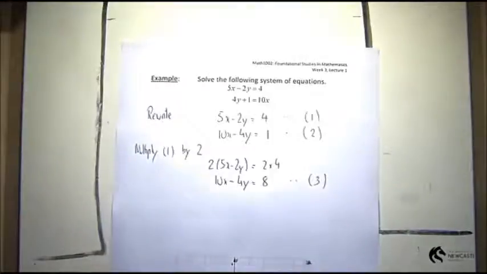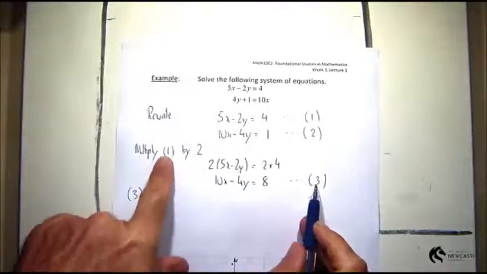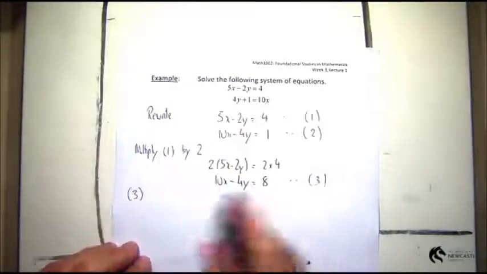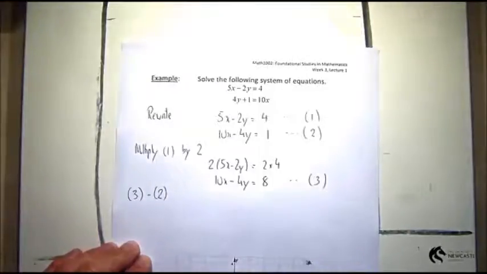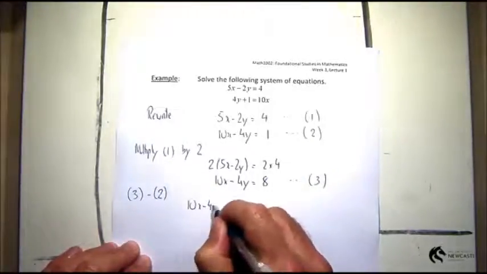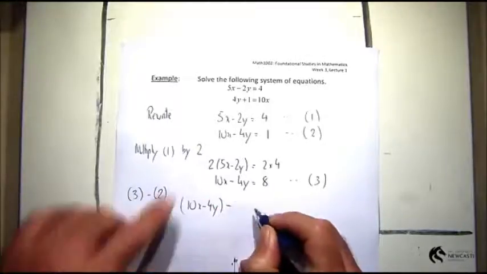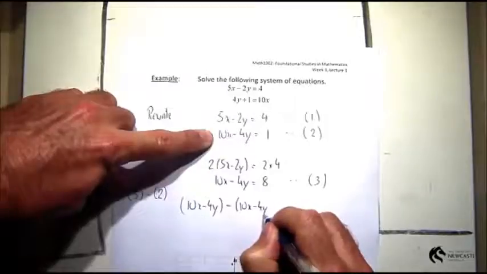So here I'm doing an elimination method, if you like. And now I'm going to say equation 3, which came from equation 1, minus equation 2. I have 10x minus 4y from equation 3, and from equation 2, I have 10x minus 4y.